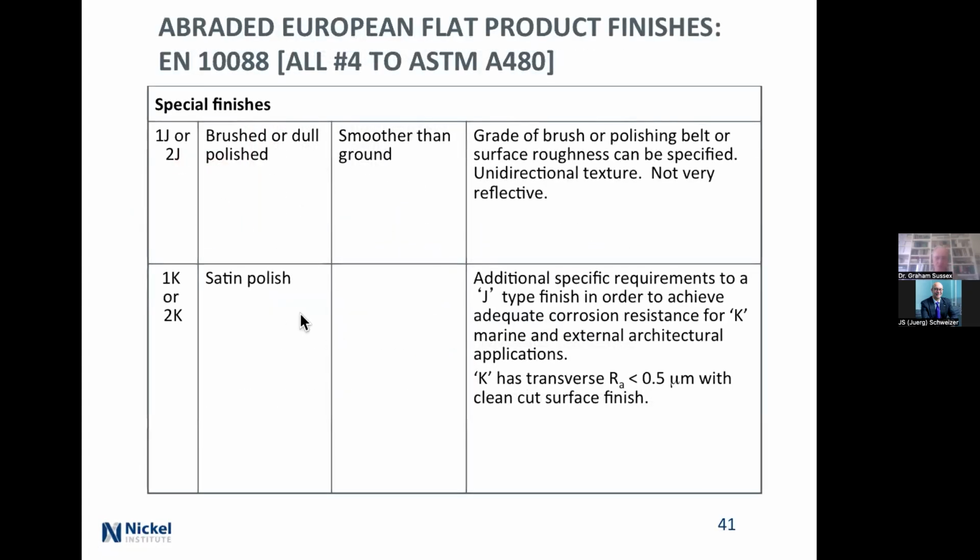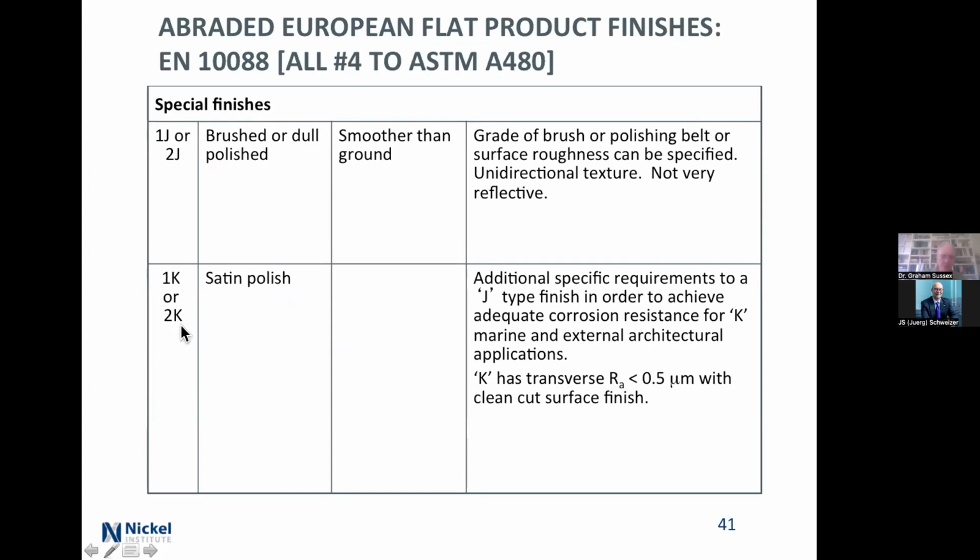And this is just doing a comparison between the European standard and the American standard A480. The Americans don't have a specific specification for 0.5 micrometer. They just say you should be able to get, with reasonable care, 25 microinches, which is about 0.6 micrometer.